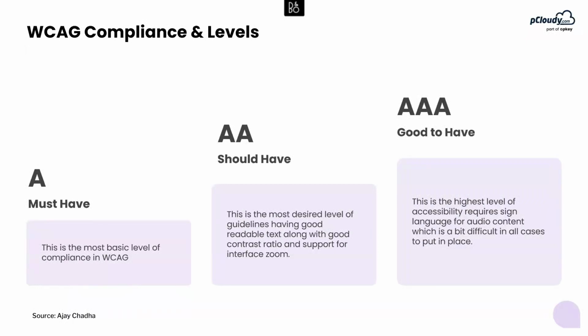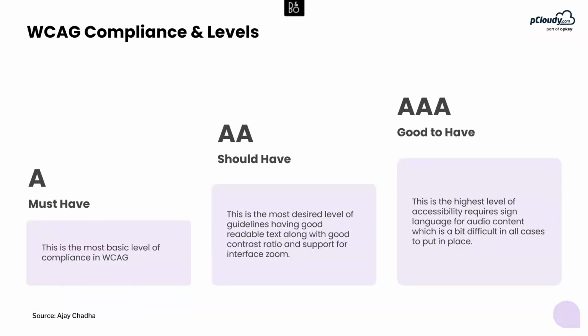Next is level AA, which is basically a mid-range and most common level of conformance to obtain. So level AA is recommended conformance for all the web-based information. Okay, and the last one is level AAA. This is the highest and also the hardest level of conformance to obtain.